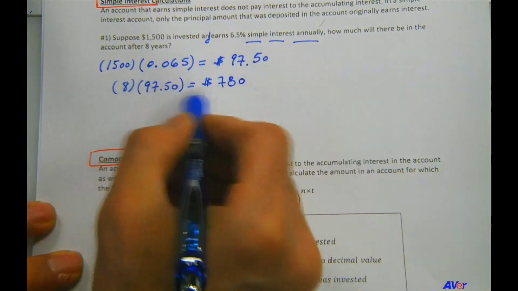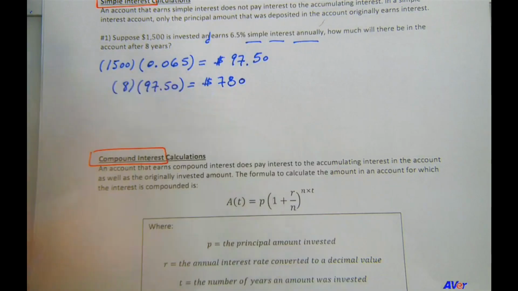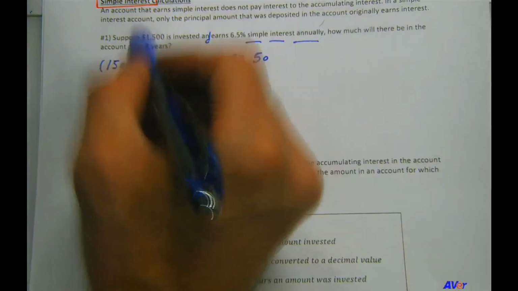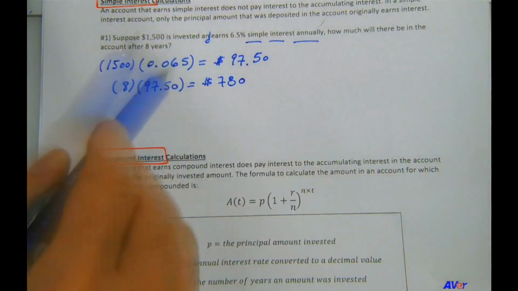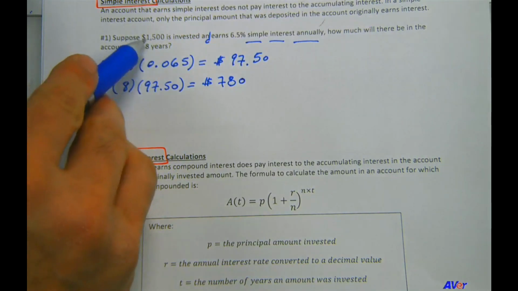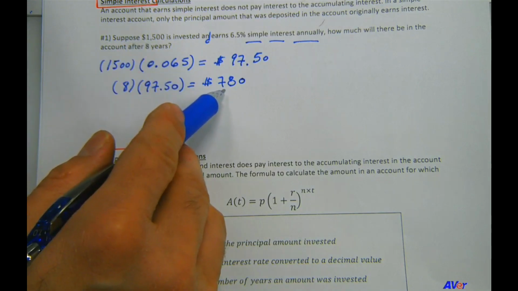Now that's the money that accumulated in the account in addition to the $1,500, the amount of money that was invested originally. So they're asking how much will there be in the account after 8 years. So it'll be the $1,500 original money plus the accumulated interest of $780.